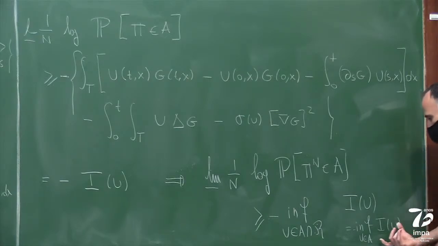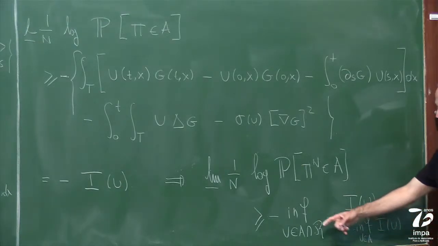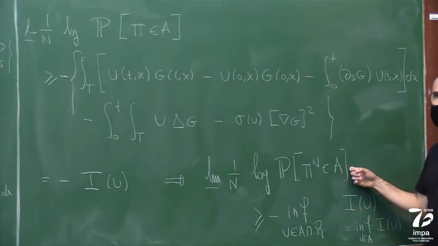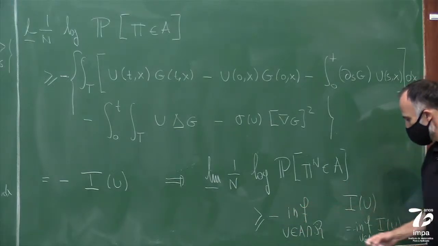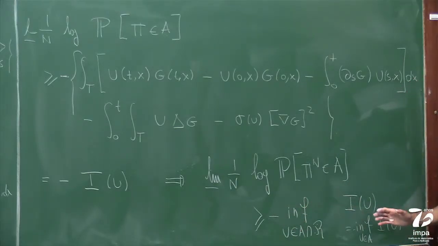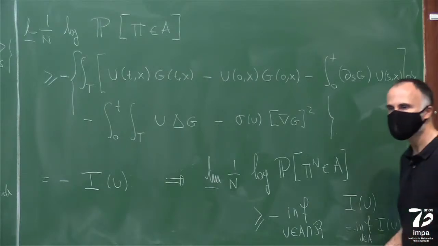I won't consider it in this infimum. If everyone is equal to plus infinity, then I don't care because this inequality is trivial, because I want to show that something is larger or equal than minus infinity. Okay? So I can consider in this infimum only the u's for which I of u is finite.